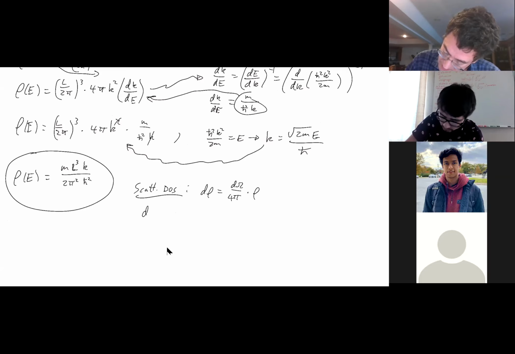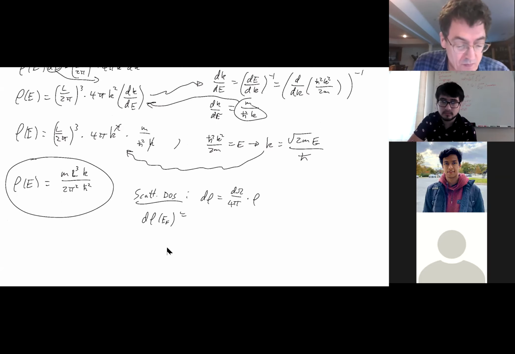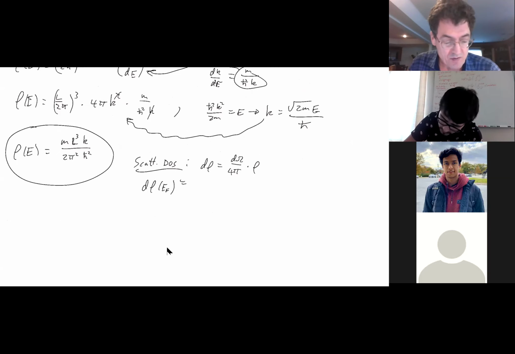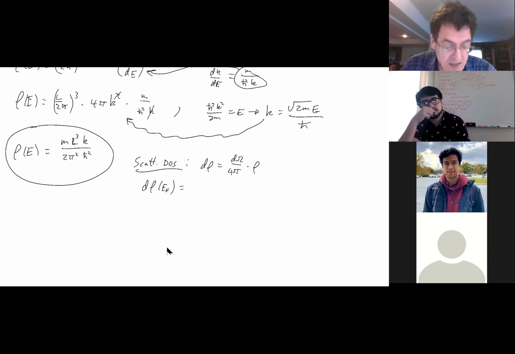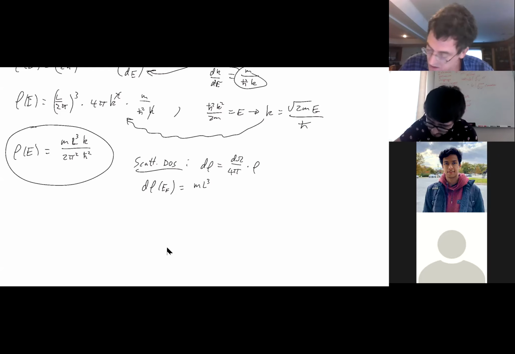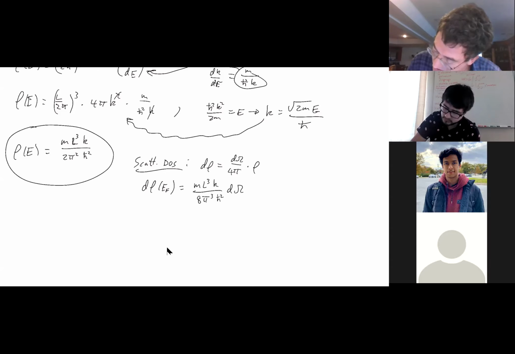So I have to take this answer and multiply it by d omega, divided by 4 pi. And we get this result: m L cubed times k over 8 pi cubed h bar squared d omega. Okay, so that's the density of states factor.